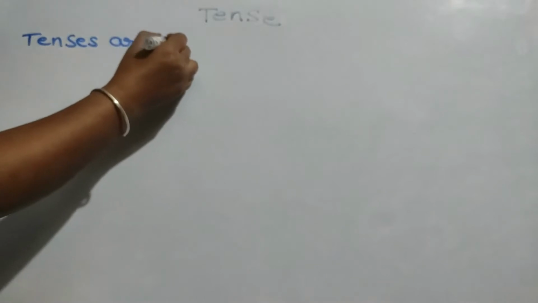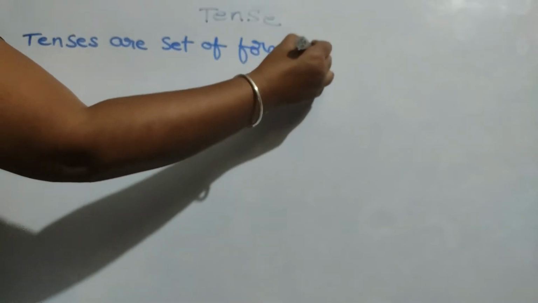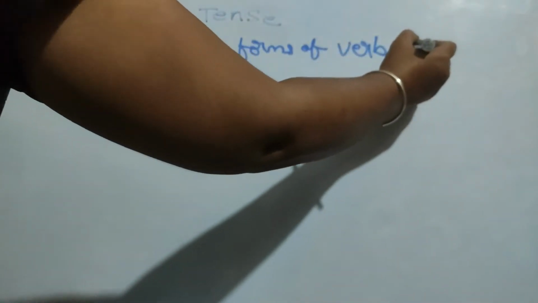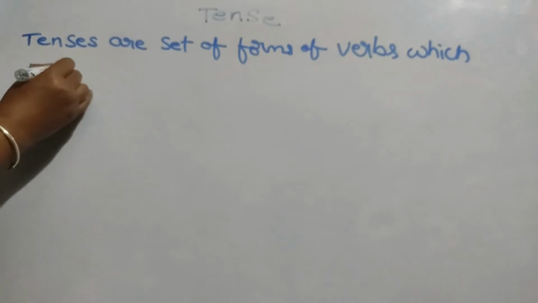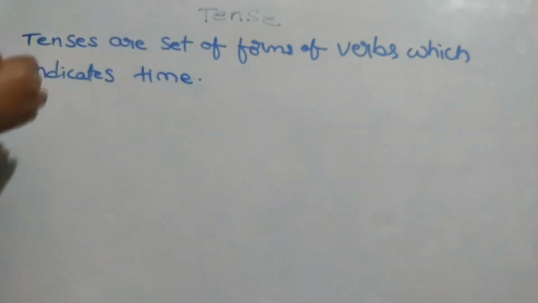So, in simple terms, tenses are a set of forms of verbs that indicate time. This is the abbreviation of the tense.